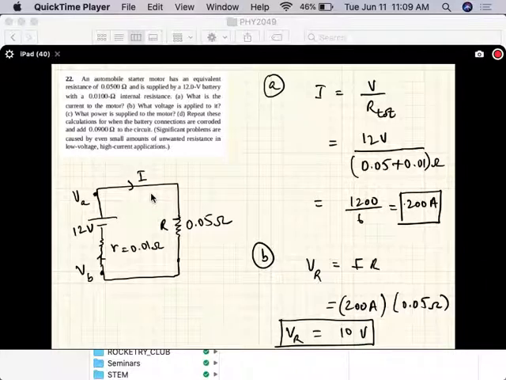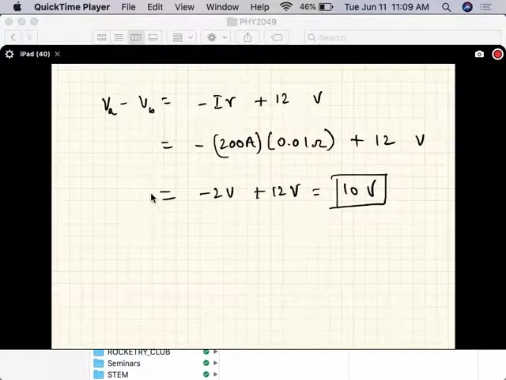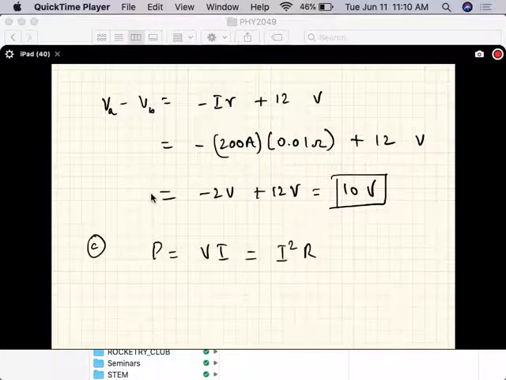All right, let's see what is the next one. What power is supplied to the motor? So what is the rate at which energy is supplied to the motor? The power supplied to any device is the voltage across that device times the current, or I squared R, or V squared over R. So you can use any one of those formulas to calculate the power supplied to the device.